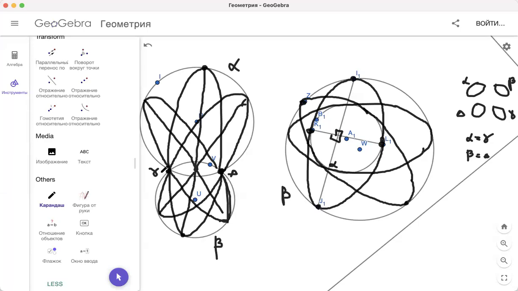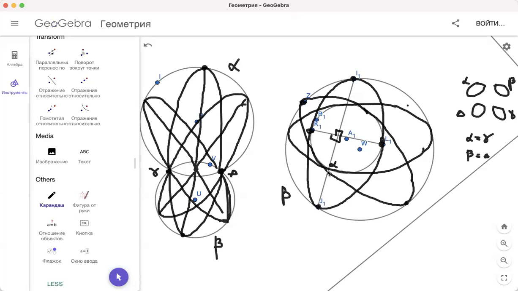So we have two examples. I don't know if there are some other examples, but it would be interesting to construct some other examples, or maybe make a classification of all such configurations.